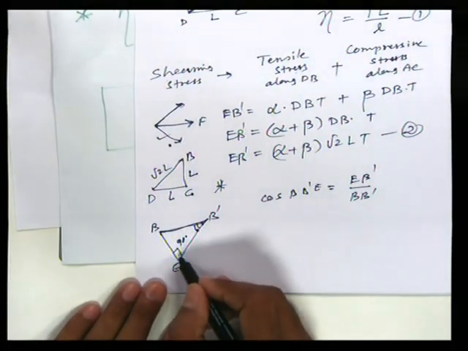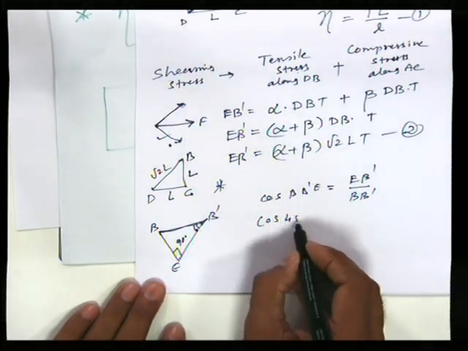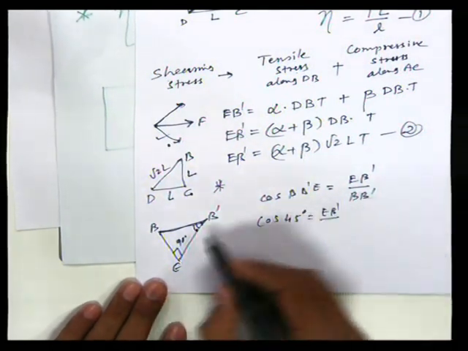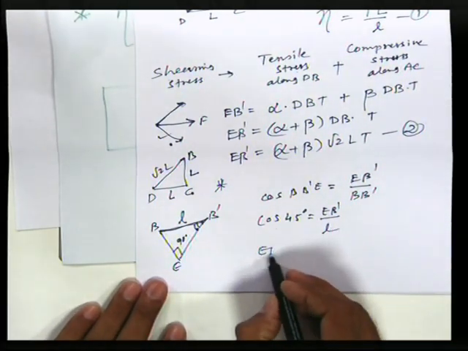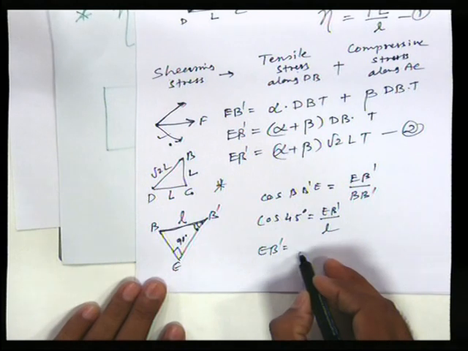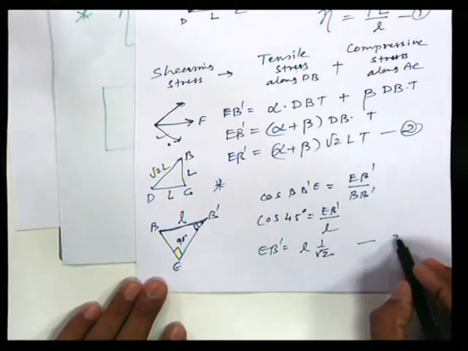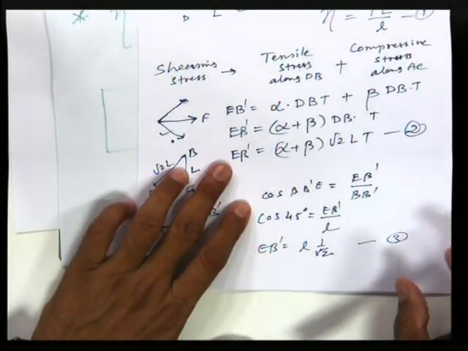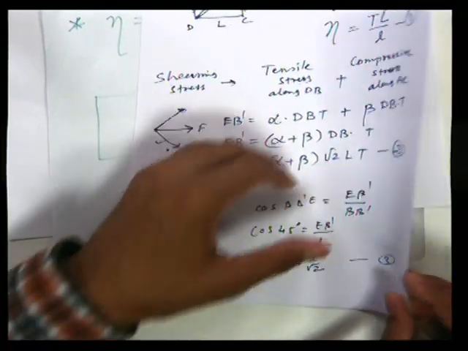In this triangle this is 90 degree, so this angle is approximately 45 degree. So cos 45 degree equals EB dash divided by BB dash. BB dash equals small l, therefore EB dash equals l into cos 45, that is 1 upon root 2, say equation 3. Here we have two expressions for the same length. First is EB dash, second is EB dash from this triangle. Now compare equation 2 and 3.